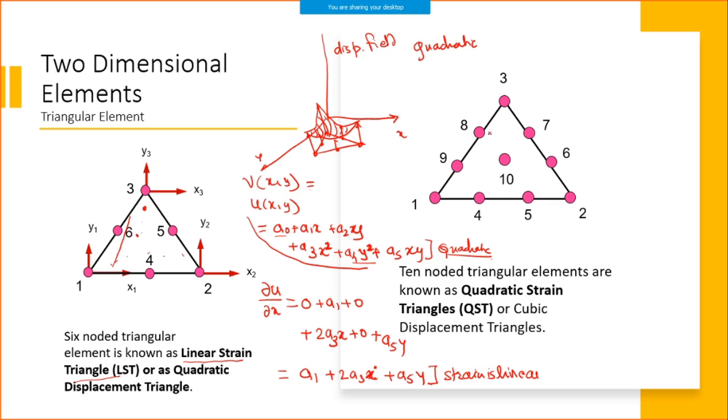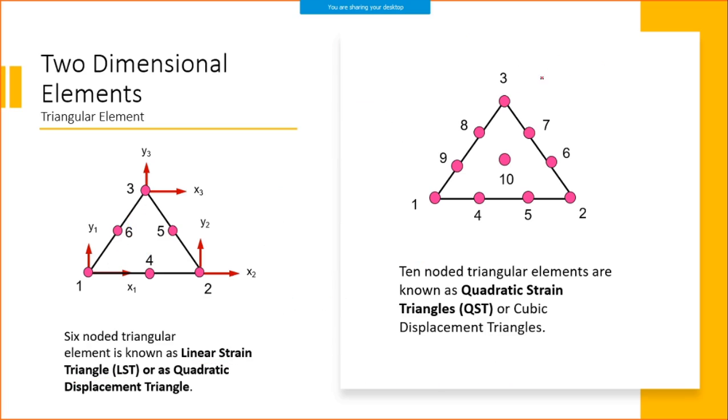Similarly, if I increase one more node on the edges and one node in the center of this, what will happen? Obviously, I will get 4 points and I will get a cubic equation. Then this type of element is called a cubic element, because the equation is a cubic kind of behavior. U becomes a cubic equation that is a function of x and y.